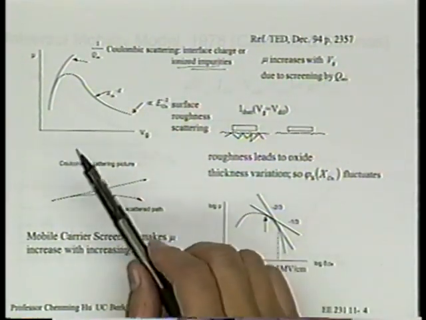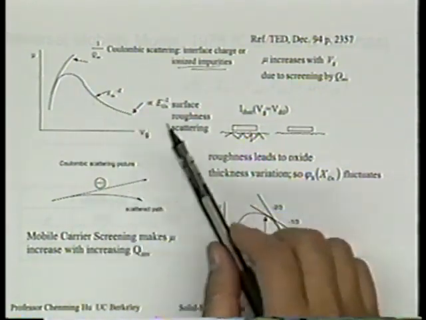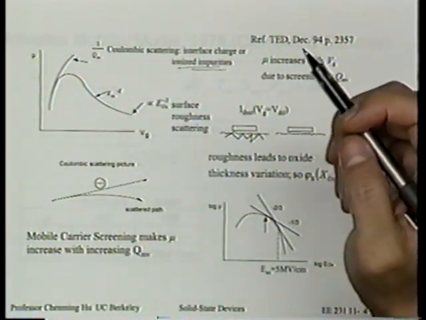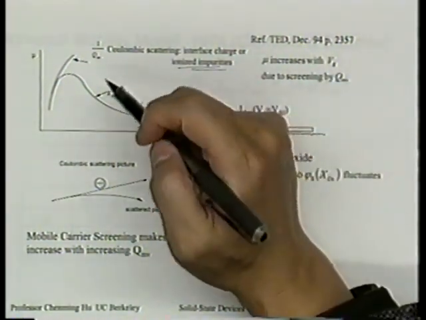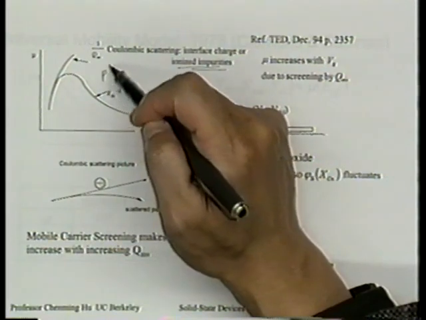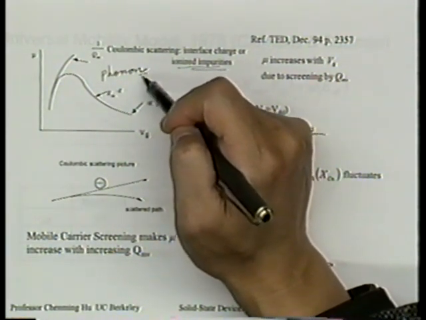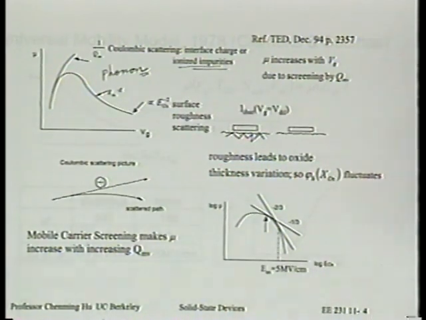All right? So what is responsible for the mobility here? There are two phenomena. One is phonon scattering. Okay? And the question you would then ask is, why would phonon scattering be dependent on the vertical field?